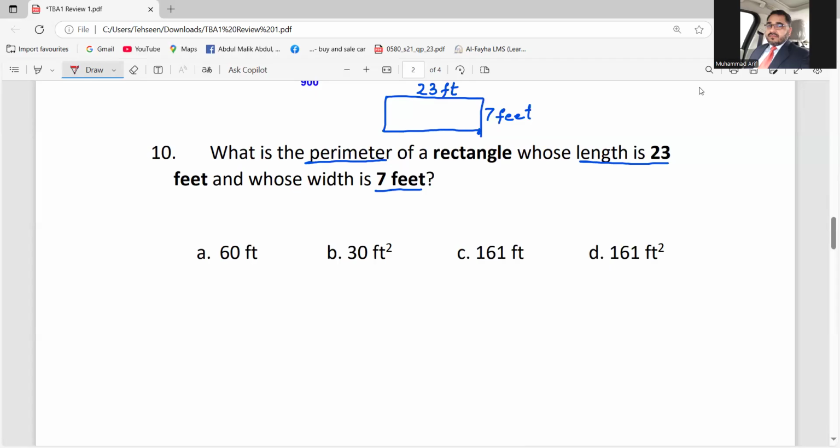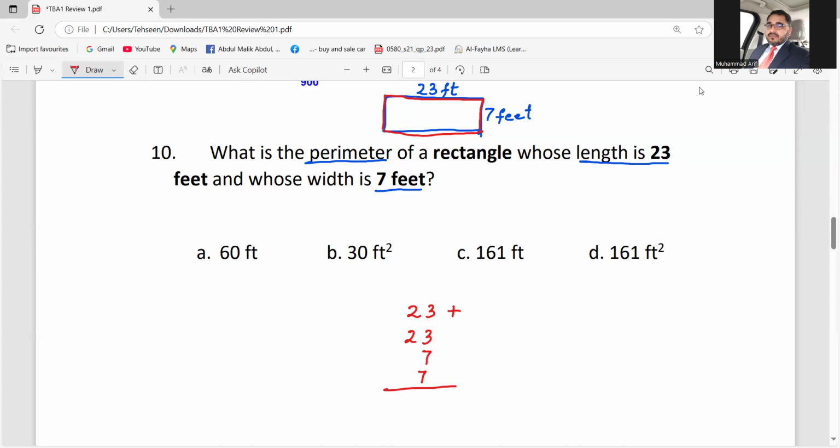The first side is 23. Opposite to this is also 23. Plus again 23. This side is 7 plus 7. This side also 7 plus 7.